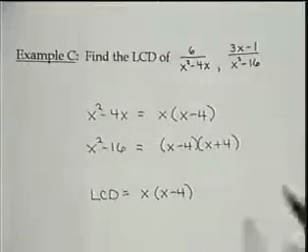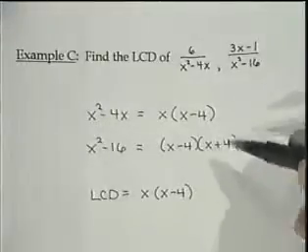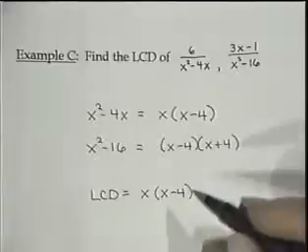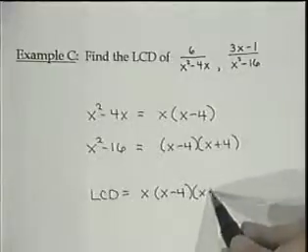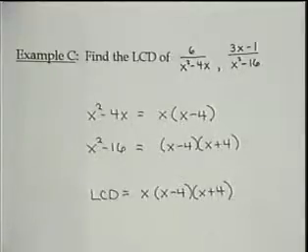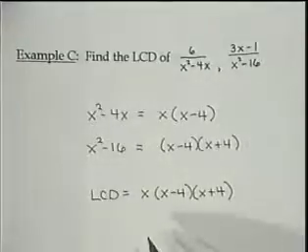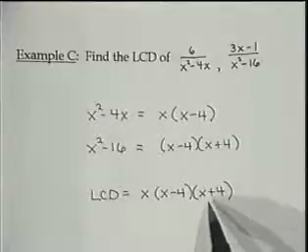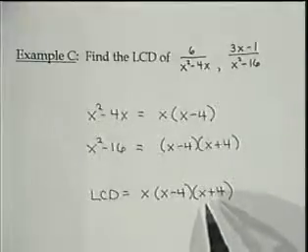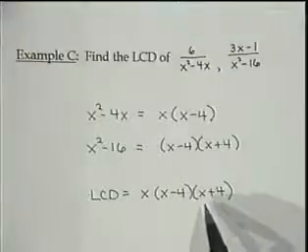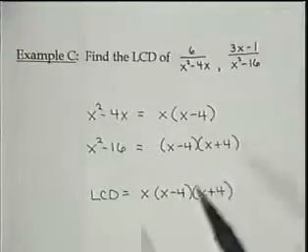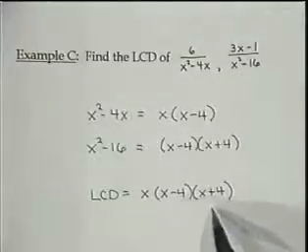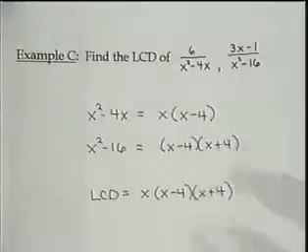And x plus 4 does not appear here but appears here once. The most x plus 4 appears is once as well. And so the least common denominator for these two rational expressions is x times x minus 4 times x plus 4. And again, the key was you had to take those denominators, factor them first, and then list the most any one factor occurs in each denominator.